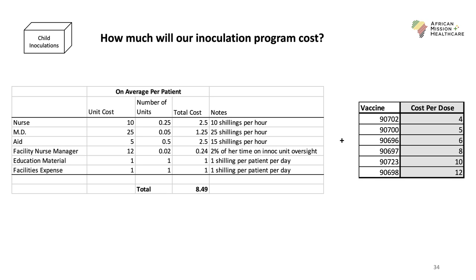So looking at the cost for the inoculation program, what I did here was build an on average patient cost for the various things that I indexed on the prior slide.